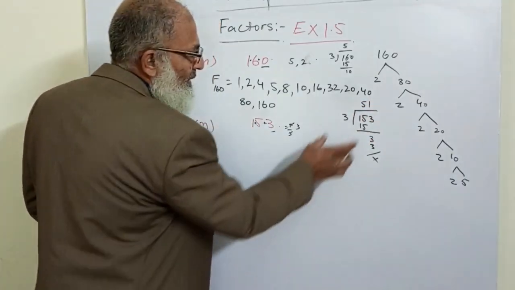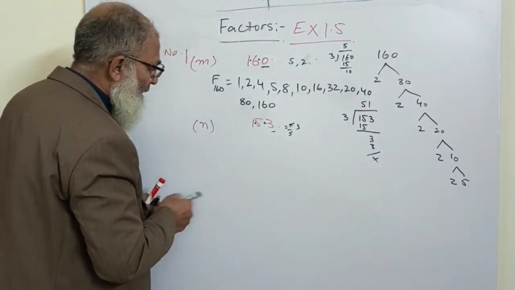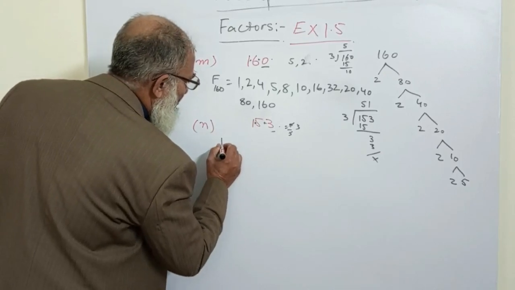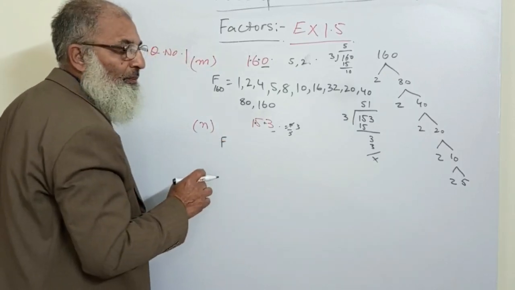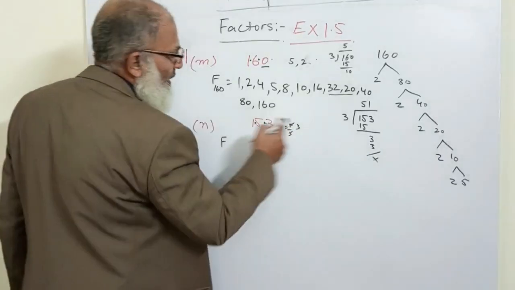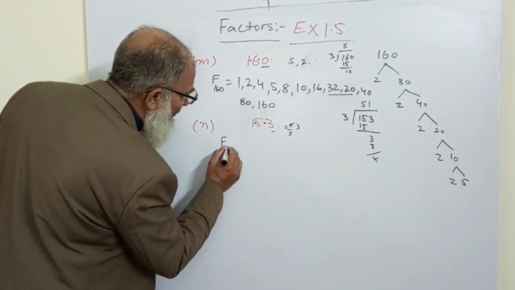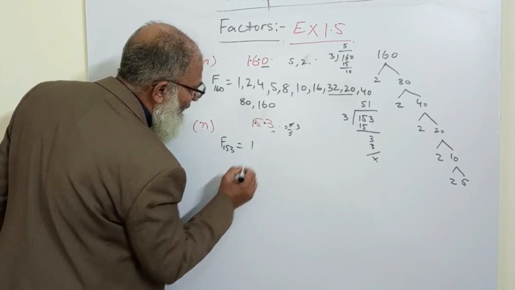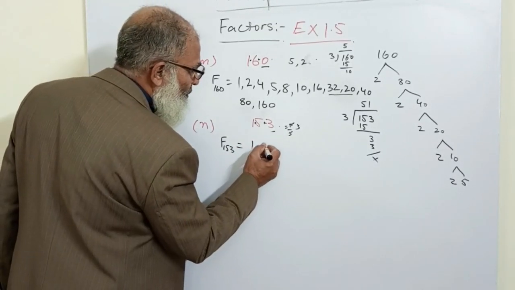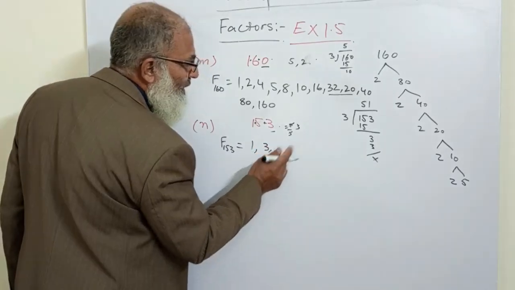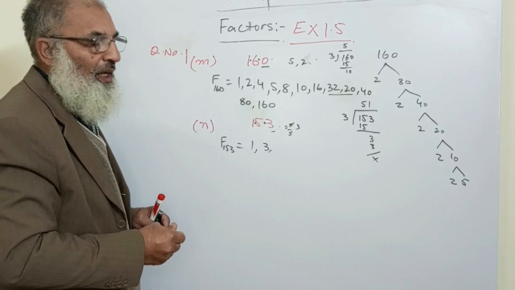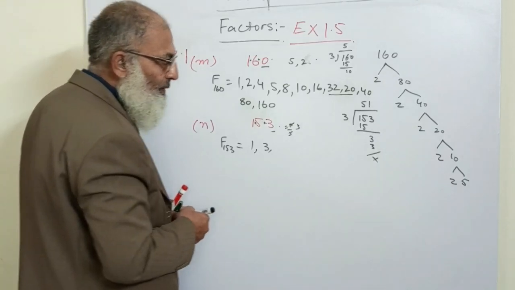I just keep this 51 here and I write only 3 over here just to stay in ascending order. So what I write here is 153. 1 is the first factor as usual. 3 is the second factor, and I know that there is 51 also written over here.